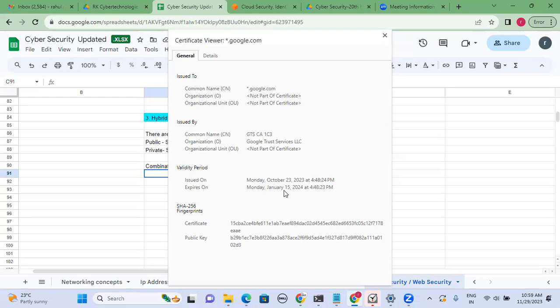Till that time, if any attacker tries to hack the Google website, they can't do that. Why? Because this certificate is providing integrity, encryption, authenticity, and secure web communication. So there are very few chances for the attacker to do a man in the middle attack, session hijacking, or OWASP top 10 category attacks.